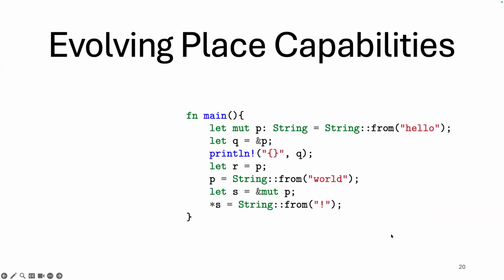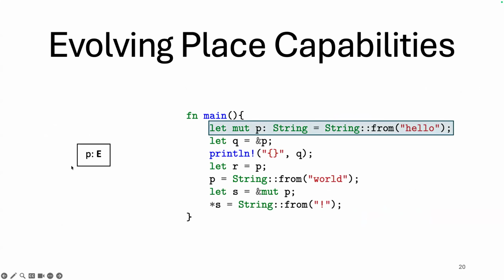I want to show how this notion of place capabilities evolves during the execution of a program. What I'll show in this example is just the PCGs at the different intermediate stages of the analysis of main, but only looking at this one node P, not the full PCG. At the end of the first statement, P has a value, so it can be either read from or written to.